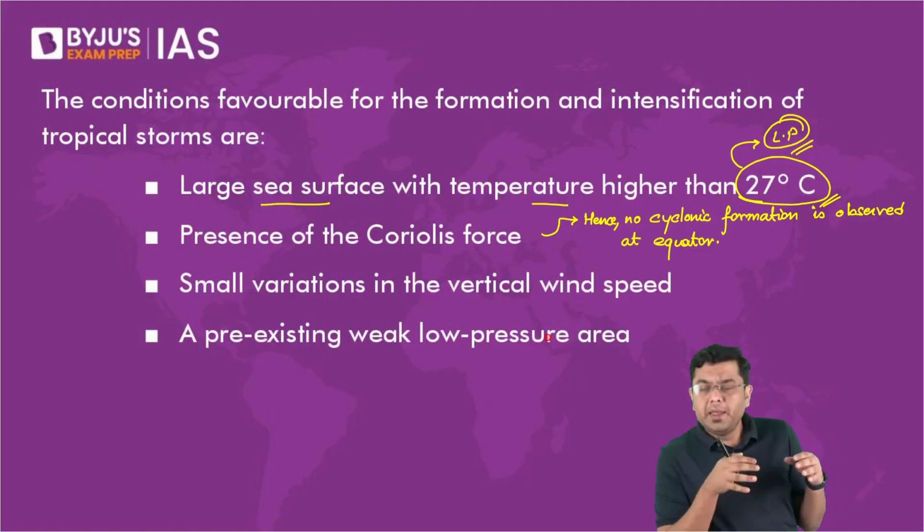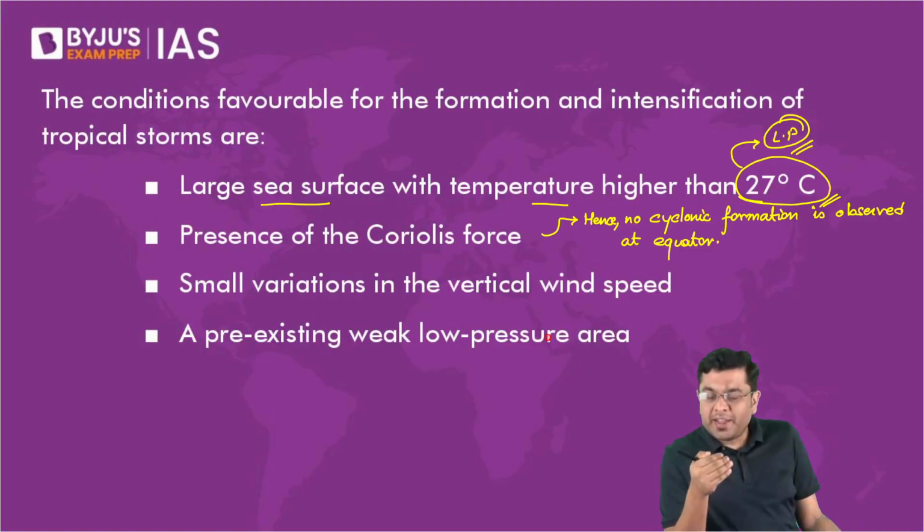So that is why you will never observe a cyclonic circulation even crossing the equator, because the moment it comes closer to the equator, it completely dissipates.